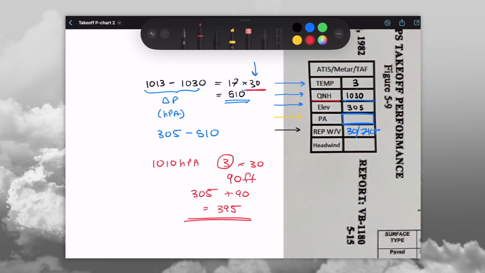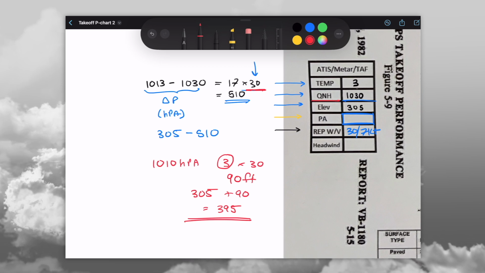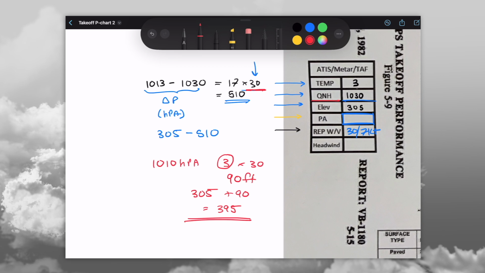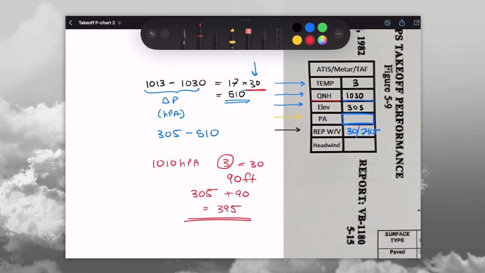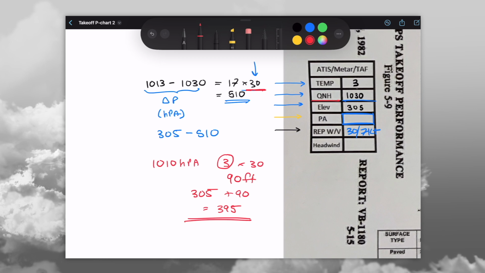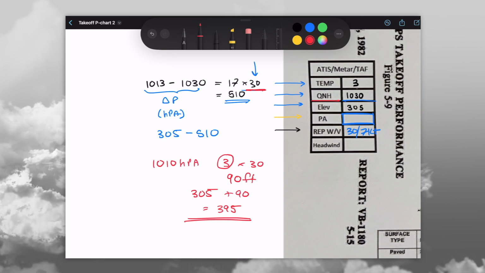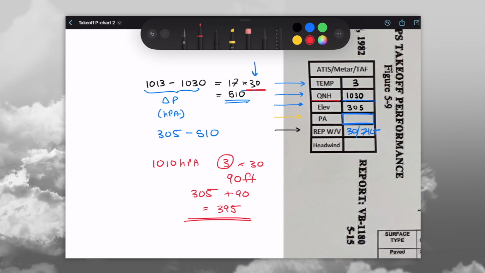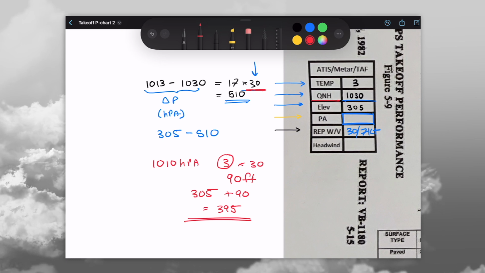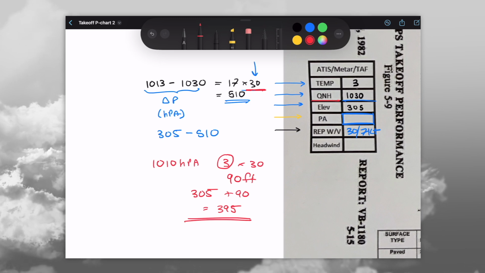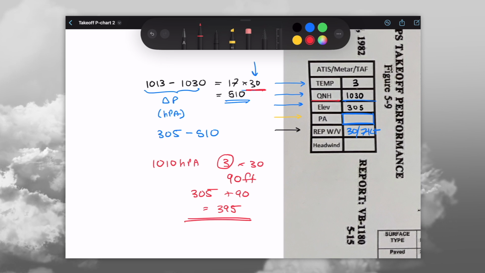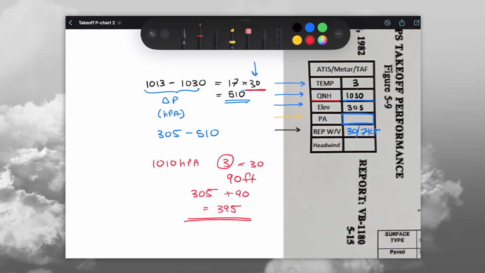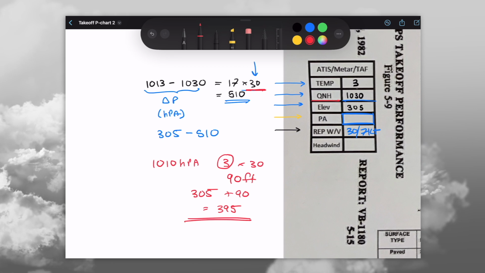And that makes sense as well, because if our pressure is lower, then we've got fewer air particles moving over the wing. So we're going to generate less lift, and you can apply that same logic and reasoning to thrust generated by the propeller, as well as combustion in the engine.